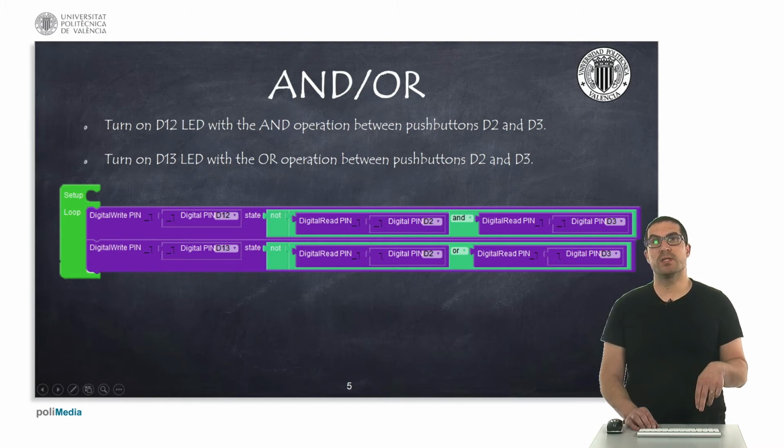So whenever we push both of them, so they are low, then I will blink the LED connected to pin 12. Then if I push one of them, then I will blink the LED connected to pin 13.